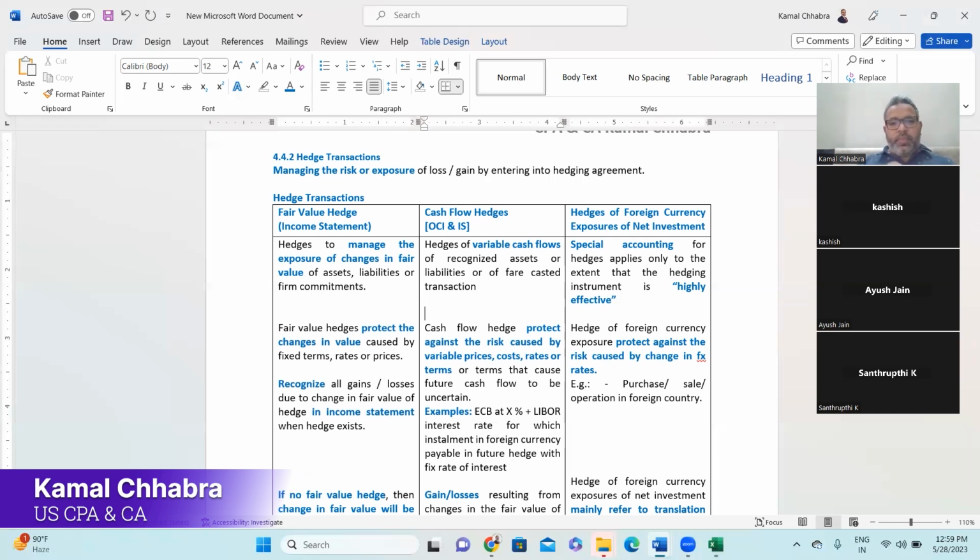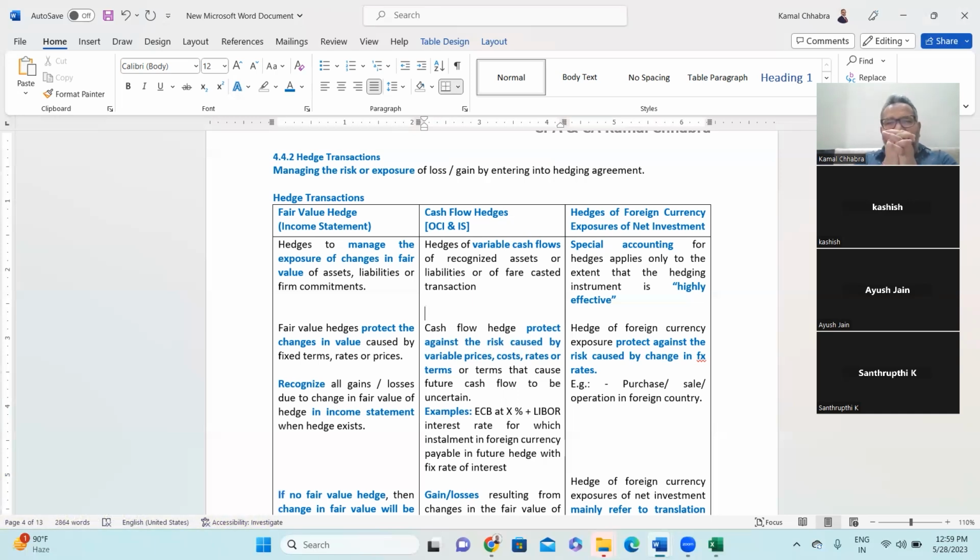So first, let's understand the fair value hedge. What is a hedge? We discussed that a hedge is to manage the exposure to change in fair value. Change in fair value means today the gold rate is, let's assume, $800 per 10 gram. After 90 days, it may go to 850 or come down to 750, right?